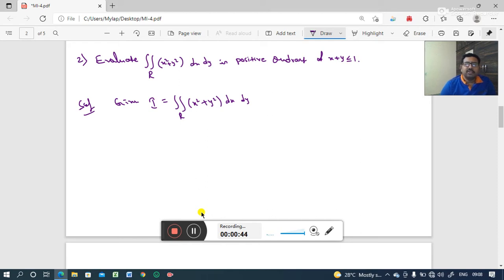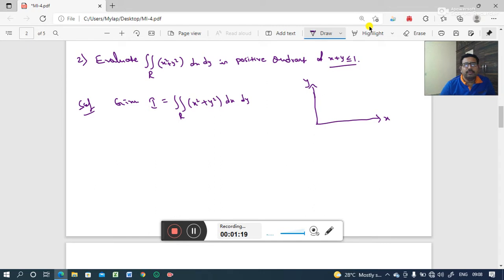So let's identify the diagram here because we need a bounded region, right? Here x plus y is less than or equal to 1. We know that x plus y represents a straight line. So if you draw its diagram, this is your x axis and y axis.